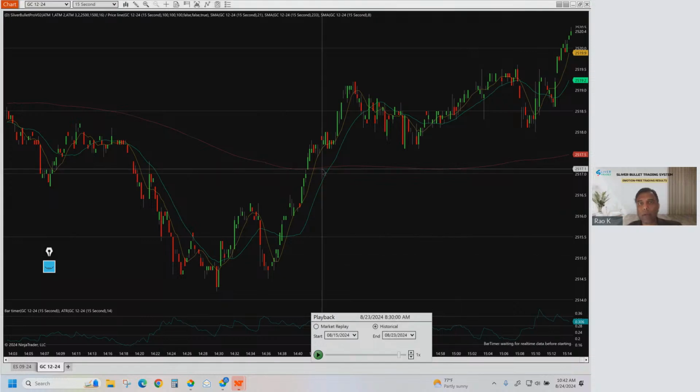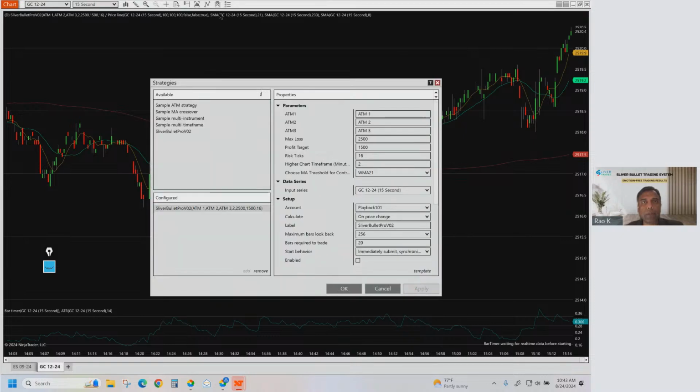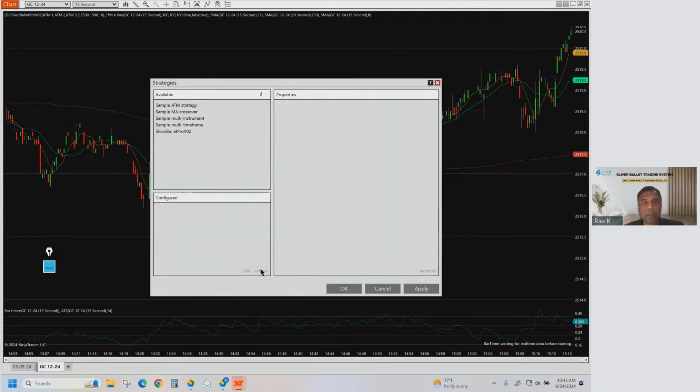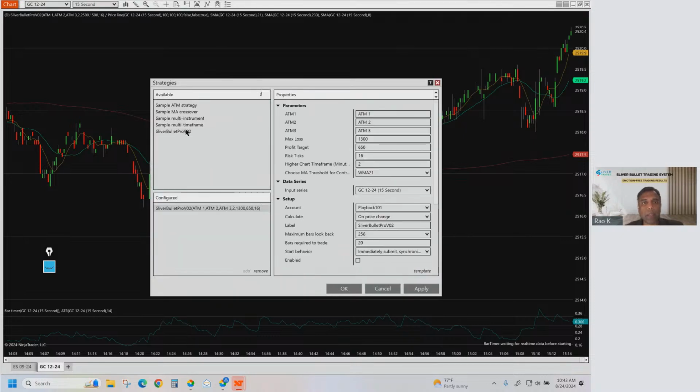Okay. Now, once it has reached, I'm going to load the software. Okay, so this is the software Silver Bullet Pro that I'm trying to load. It has different parameters like ATM1, ATM2, ATM3 that you see.